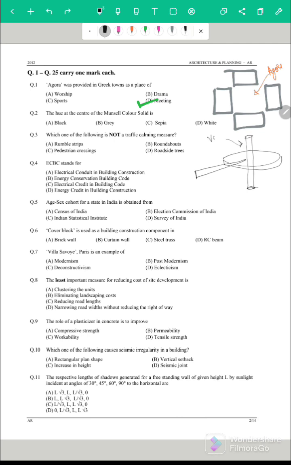This is called the value, this rotatory is called hue, and this is the chroma.